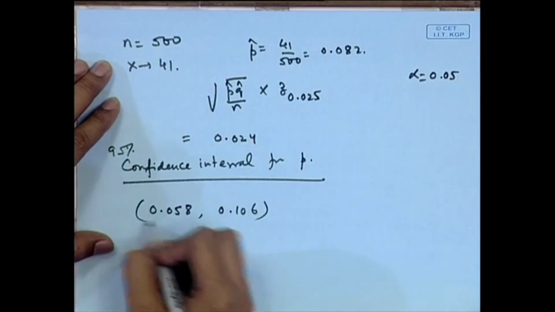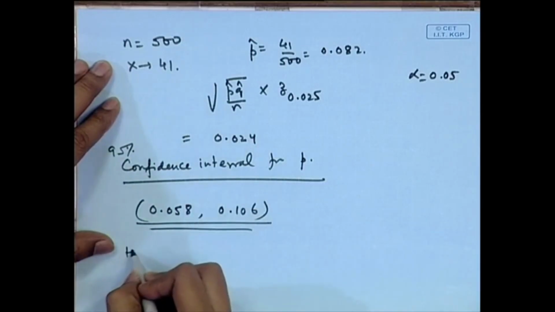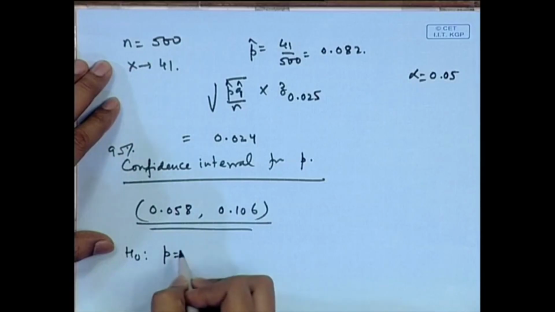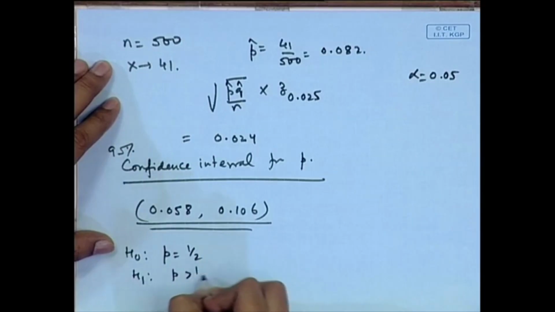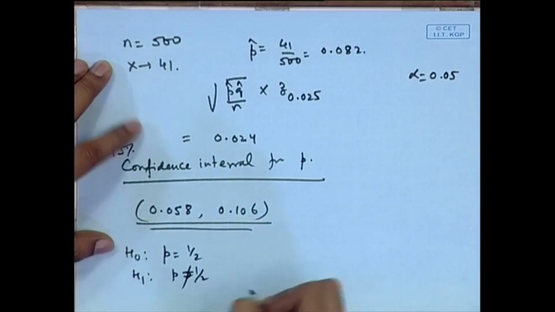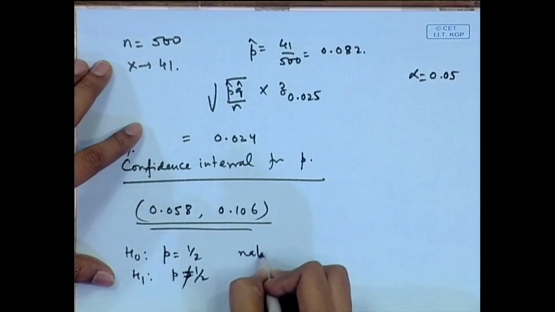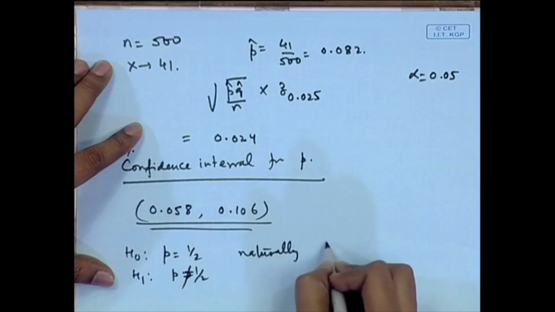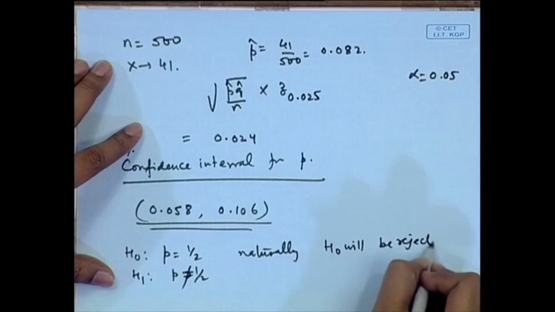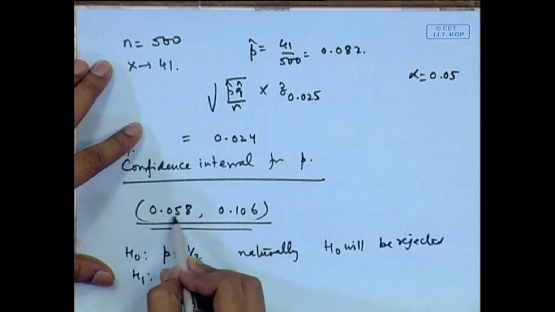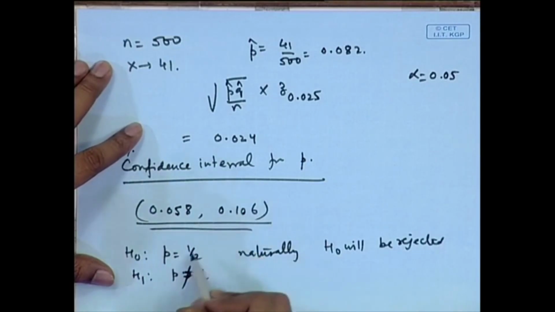to 0.106. So, easily you can see, suppose I am testing here the hypothesis H0: p is equal to half against H1: p is greater than half or p is not equal to half, then naturally H0 will be rejected. You can easily see here the value is actually lying between 0.05 to 0.1. So, if I am testing the hypothesis p is equal to half, then naturally it will be rejected.